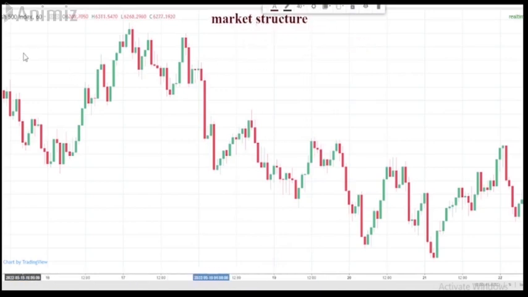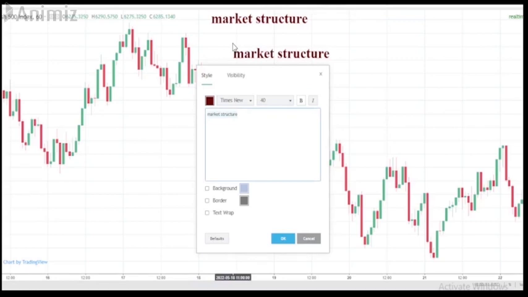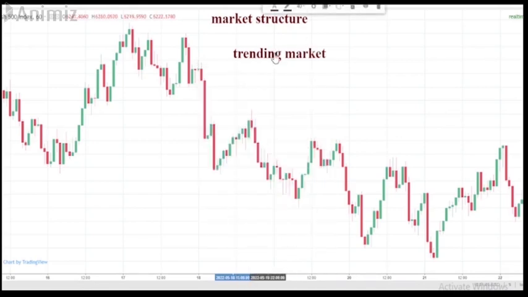Basically, we have three types of market structure. The first market structure we are going to be looking at is the trending market. I believe you have heard about it and you know it, but I'm going to expose to you some things you don't really know about it.